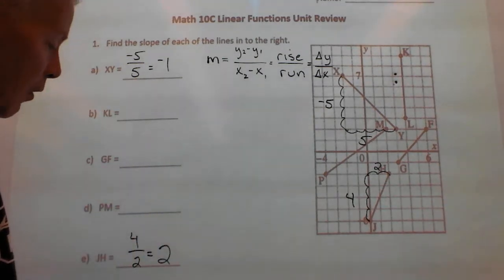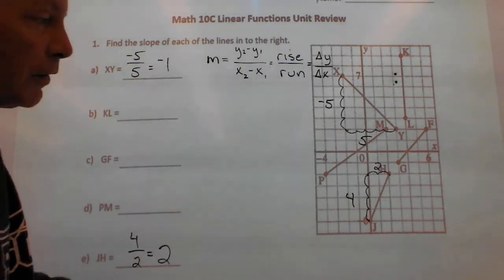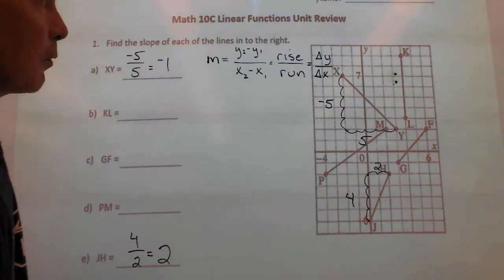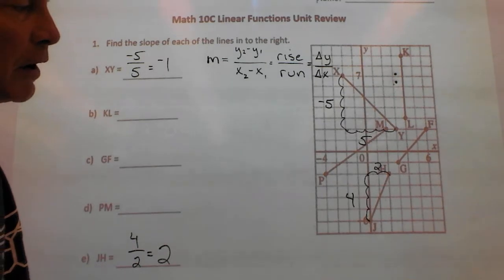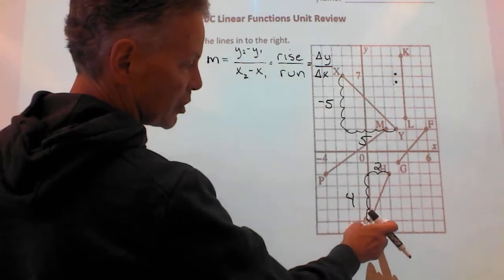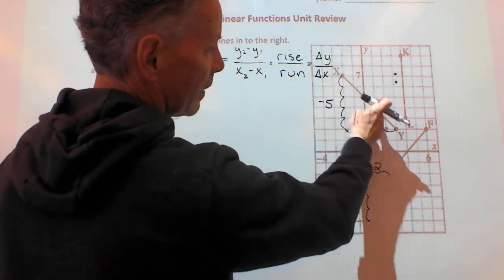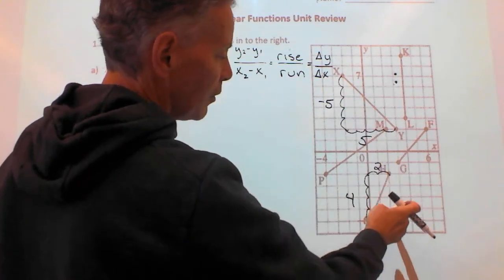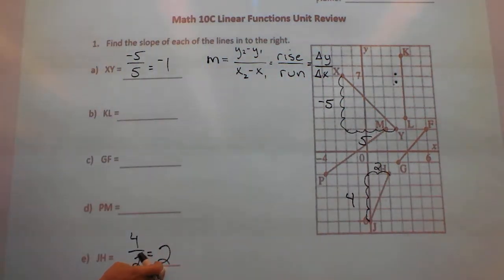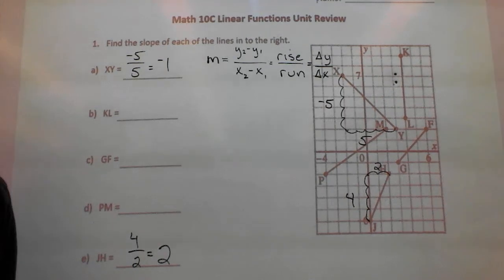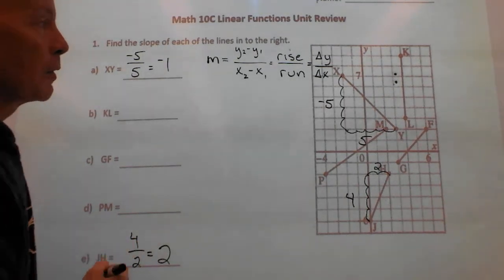That gives you a slope that's positive. Notice you're going up to the right, which gives you a positive slope. Another thing I want you to be aware of, you'll notice that JH is much steeper than XY, and you'll also notice that the steeper line has a larger number attached to it for the slope. Okay? So that's finding slope.